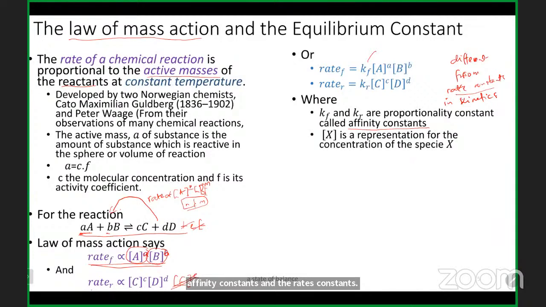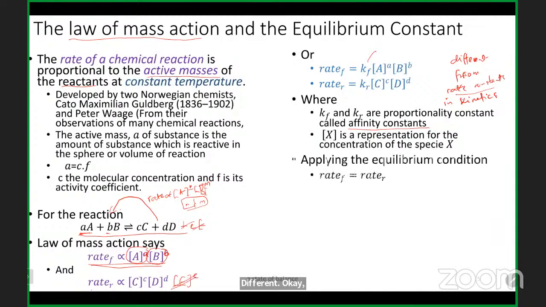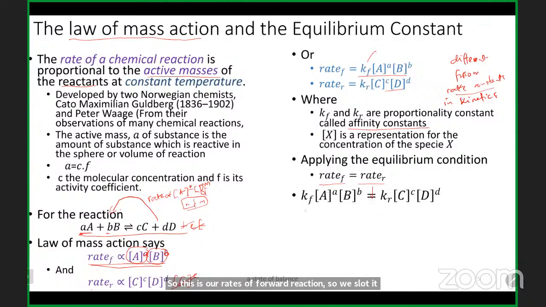Okay, so from the last slide, we said that at equilibrium, the rate of the forward reaction is equal to the rate of the reverse reaction. So this is our rate of forward reaction, so we slot it in here. Rate of reverse reaction, we slot it in here, and we obtain that Kf, A raised to power a, B raised to power b equals Kr, C raised to power c times D raised to power d.